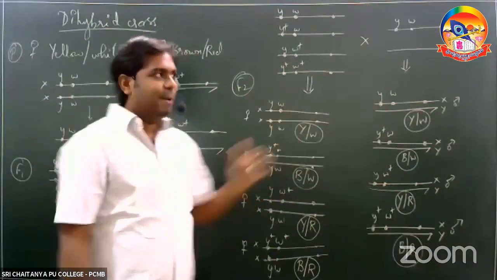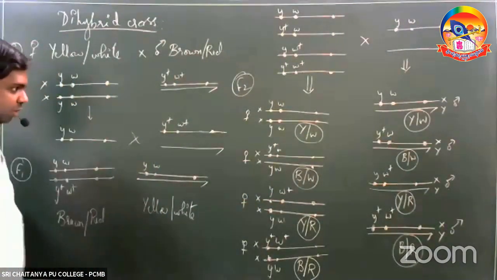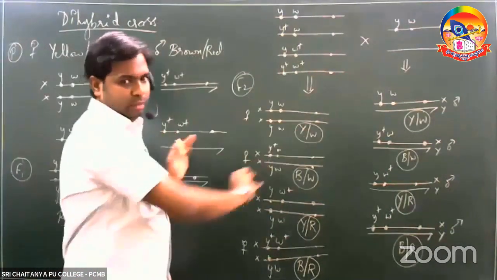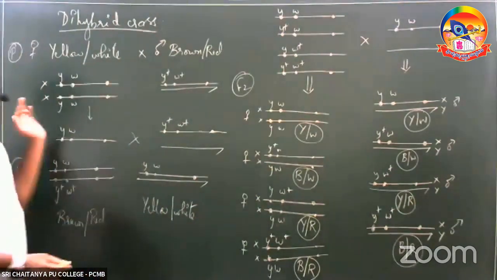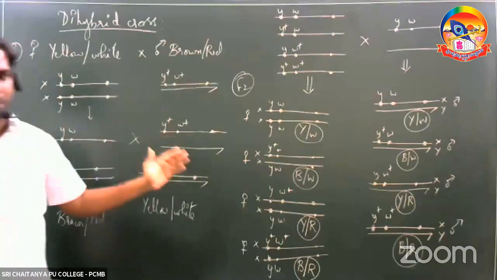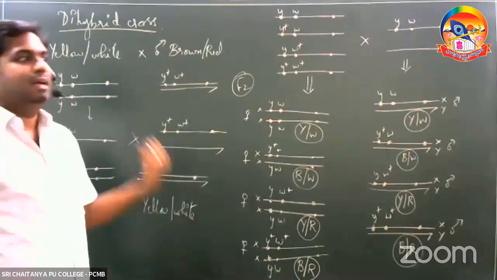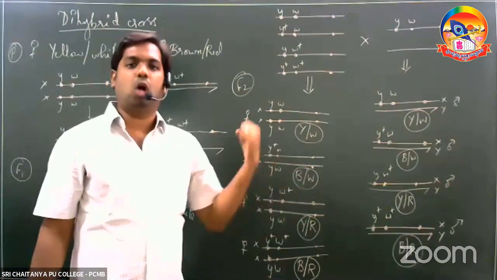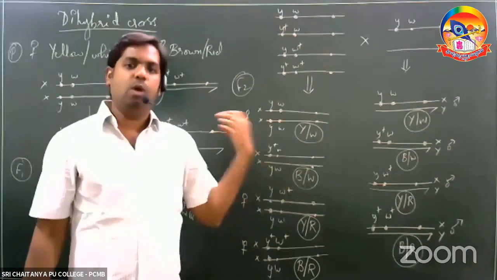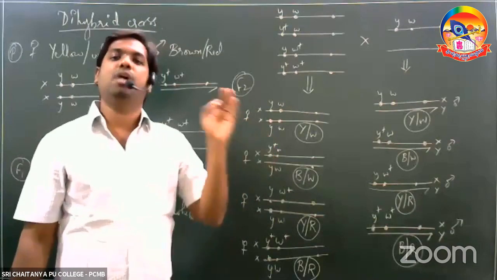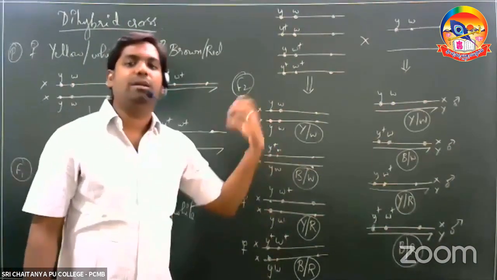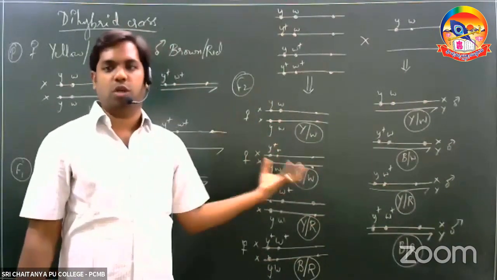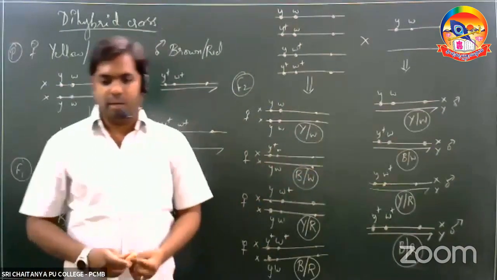Now, one very important thing we need to remember. After Morgan performed this experiment, he concluded that the number of parental offsprings obtained from this cross was much, much higher compared to the recombinants obtained from this cross. I'm repeating it once again.